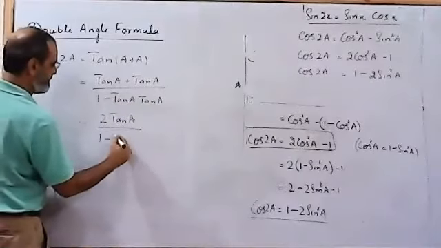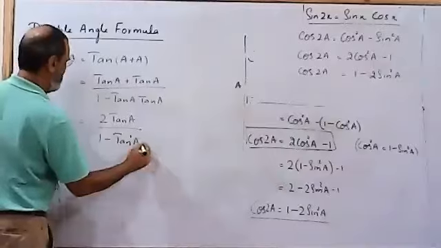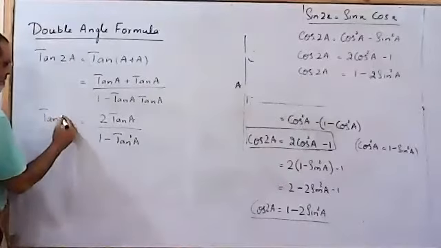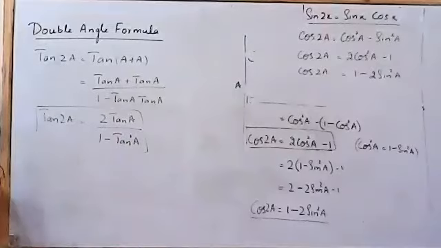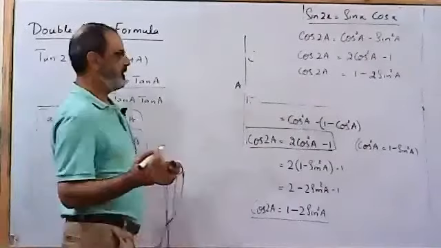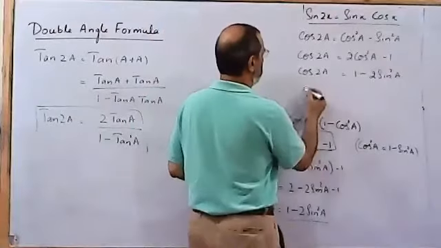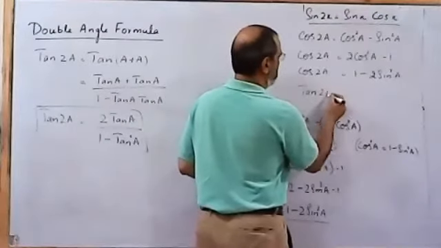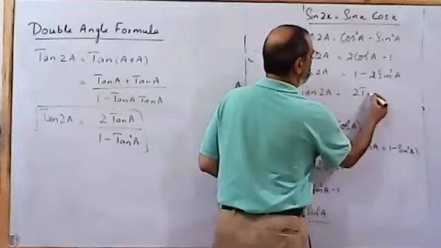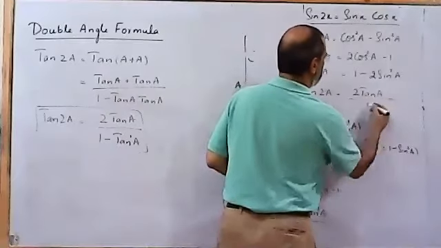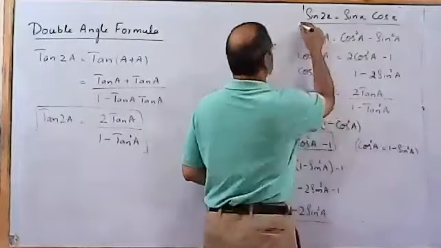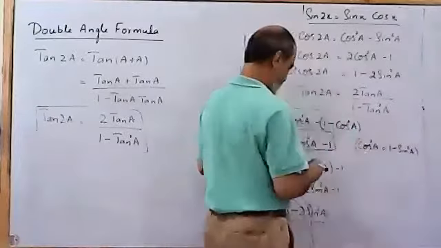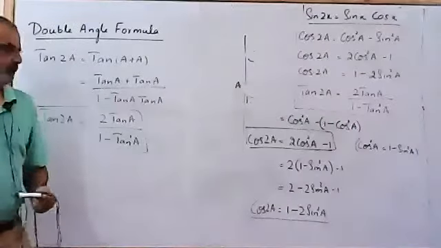So it will be 1 minus tan square A. So tan 2A is equal to 2 tan A over 1 minus tan square A. So it is the identity for tan 2A. So these are the identities for the double angle formula.